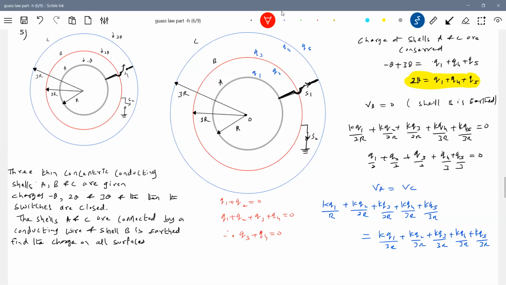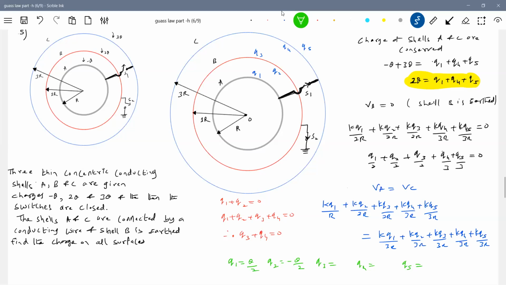Q1 is Q by 2. So Q2 will be minus Q by 2. Check all this. Anybody solve it and give the answer?